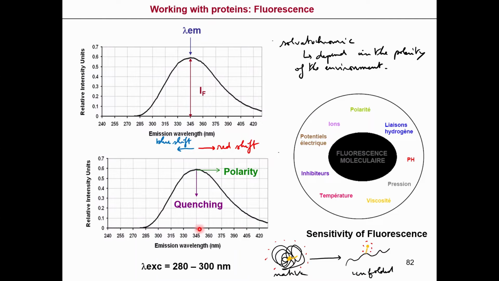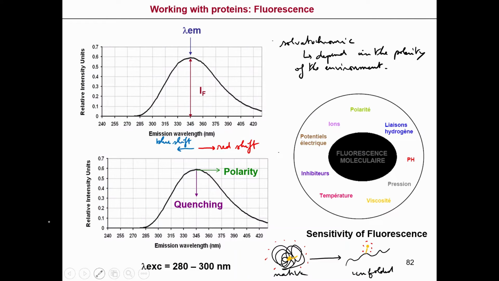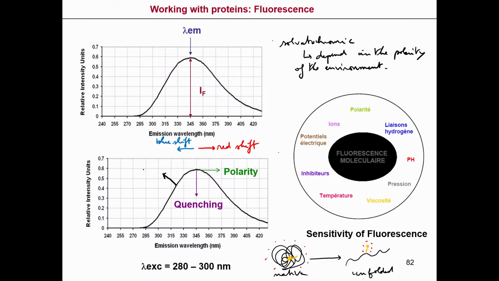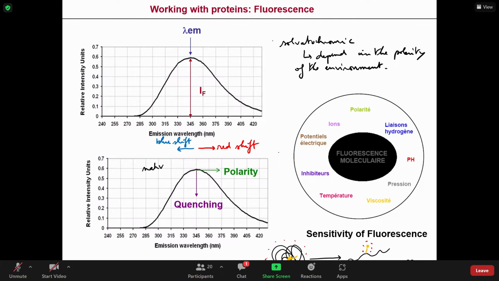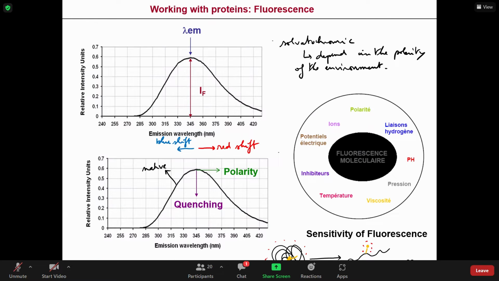So you will observe a redshift in the emission spectra. For example, let's say that this spectrum is the native spectrum of the protein, okay? When you have an unfolded protein, you will observe a redshift.